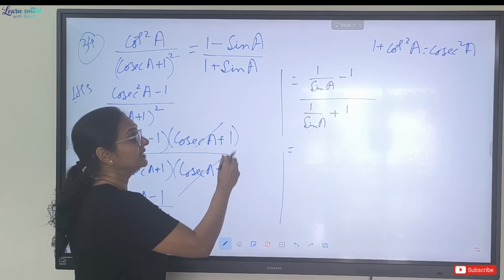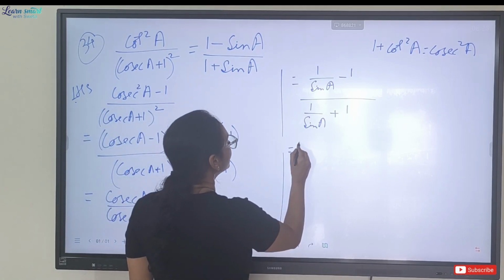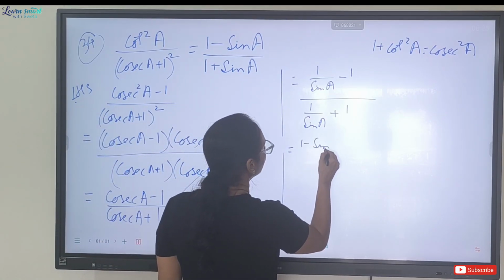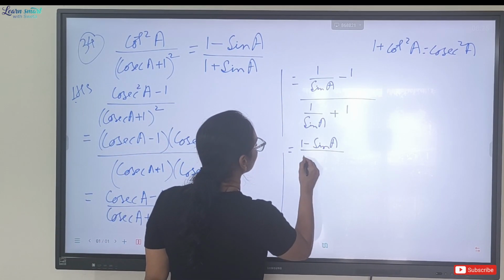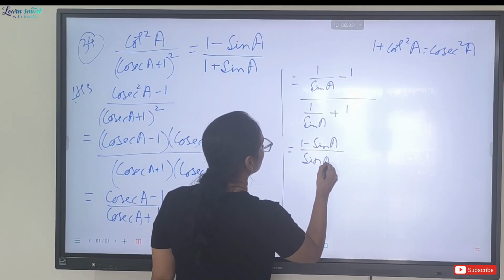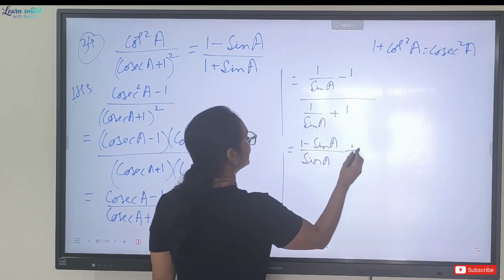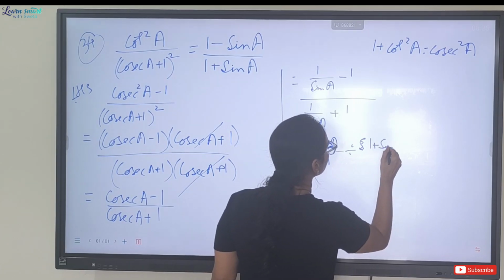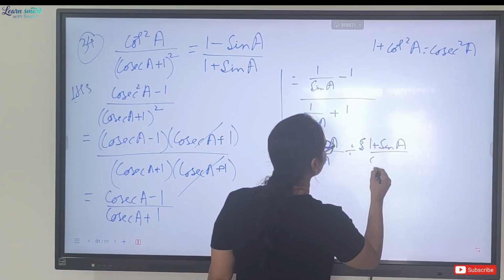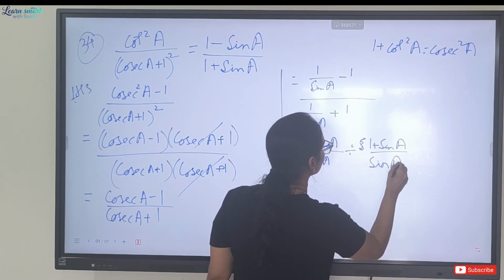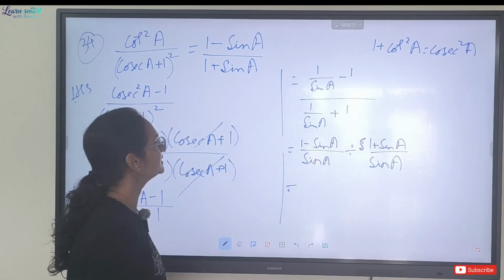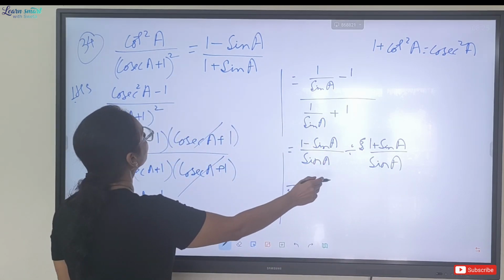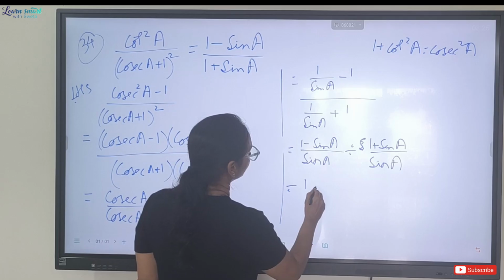Now we will simplify the numerator and denominator. We will get 1 minus sine A by sine A divided by 1 plus sine A by sine A. If you simplify this, you will get 1 minus sine A by 1 plus sine A.